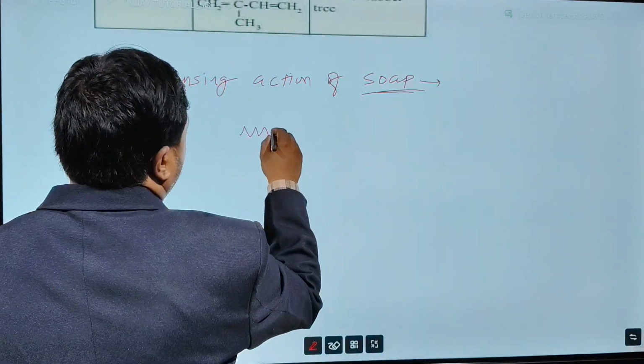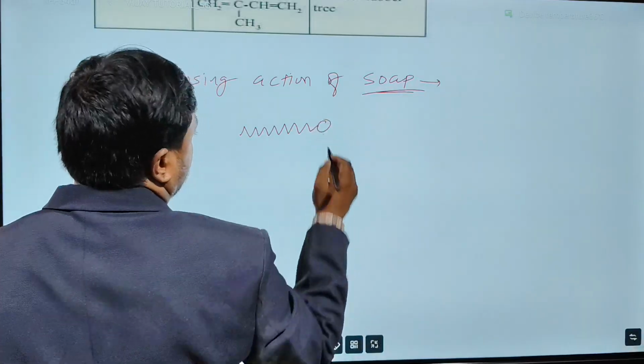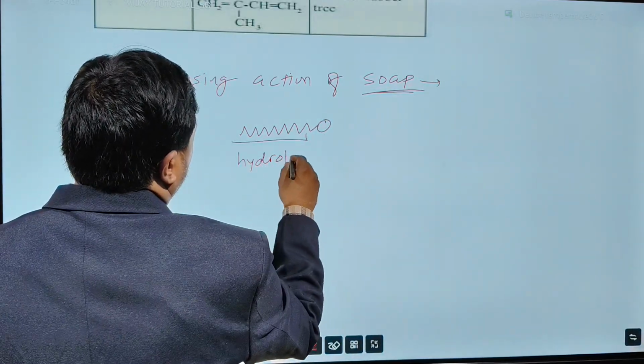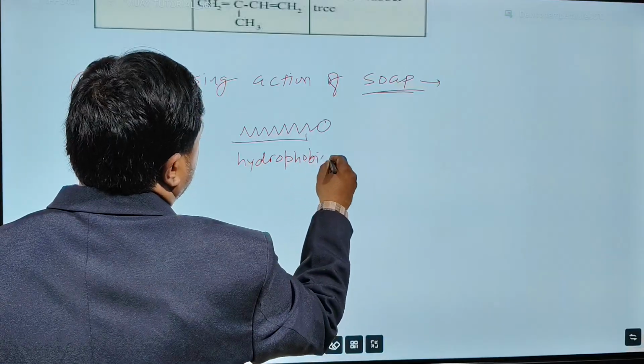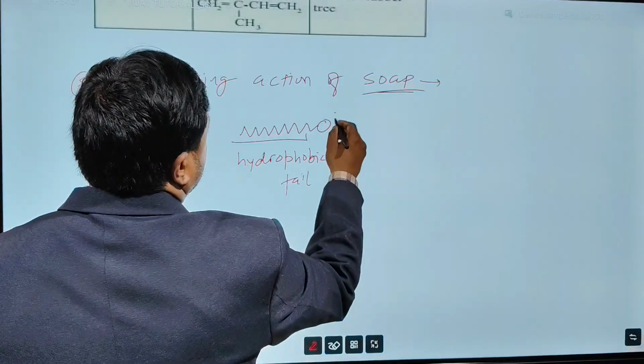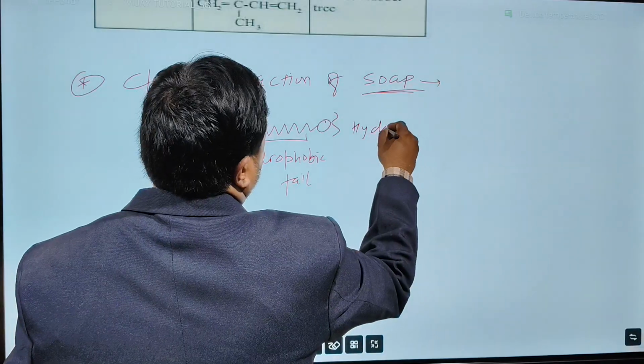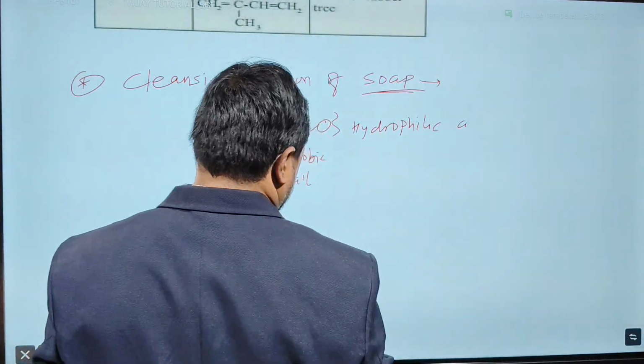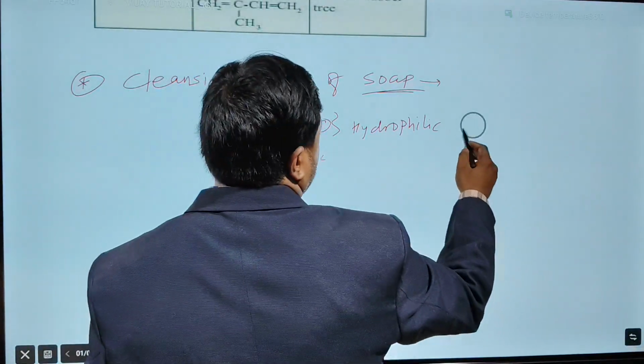One is the hydrocarbon part, which is called the hydrophobic tail, and the other is the hydrophilic head. Both soap and detergents have these.